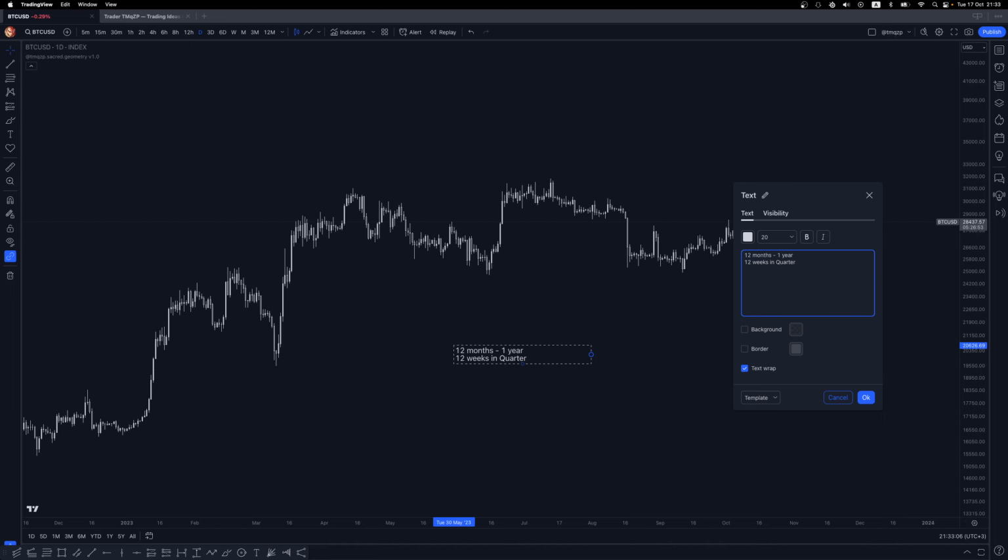Because each month has 4 weeks and a few days, and 3 months is a quarter, so 4 times 3 is 12 weeks, roughly speaking. 1 day equals 24 hours. Half a day equals 12 hours.